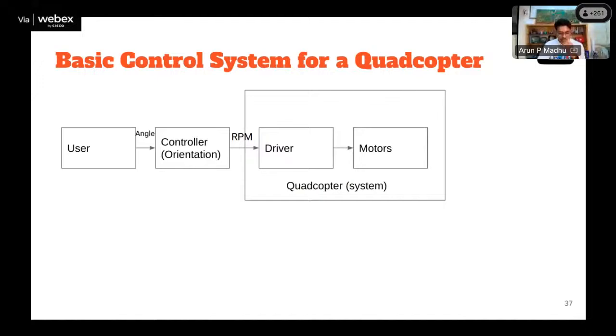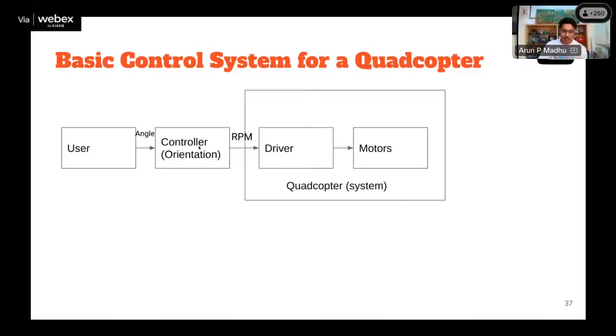Before going to what the user can actually give, let's consider the user is able to give angle commands directly. Let's say the user said a 10-degree angle command.